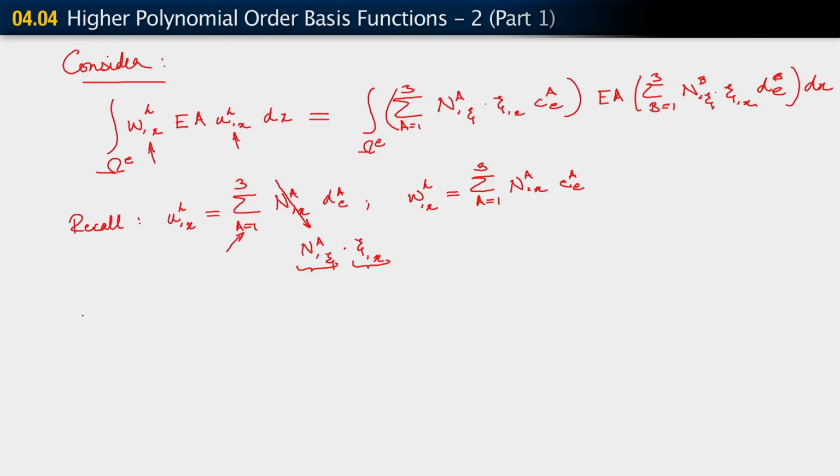All right, so let's start out here. N1 comma c is d dx of N1, but N1 we remember is 1/2 c times 1 minus c.